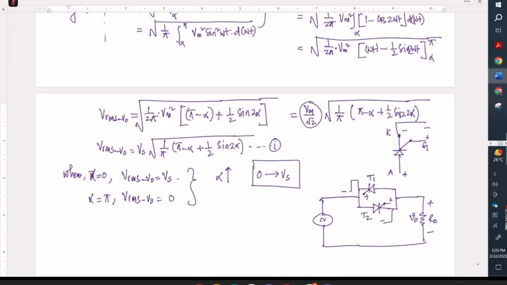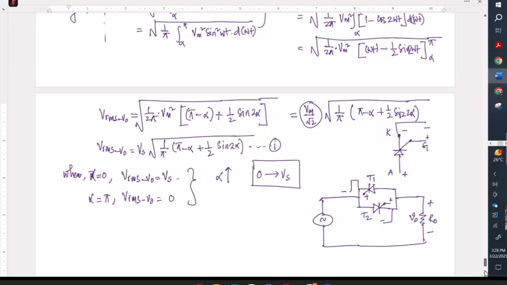Do you have any problem understanding what I am trying to say? Anyone? Since their cathode is not common, we cannot use a common driver circuit for both of the thyristors.